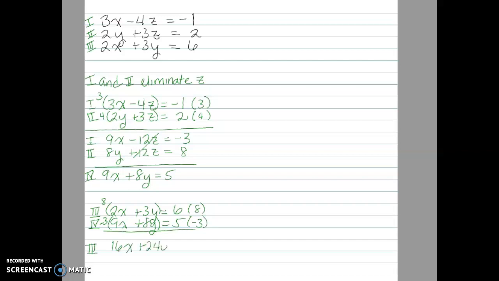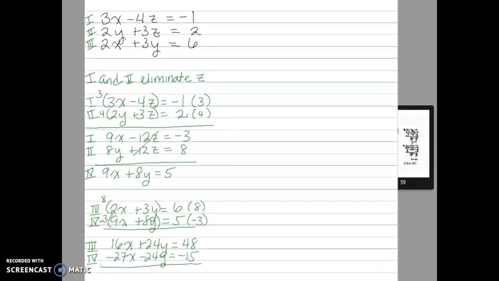Okay, so now I have 16x plus 24y equals 48, and negative 27x minus 24y equals negative 15. Now I can go ahead and add those two equations together.